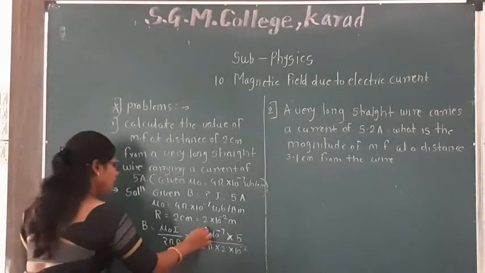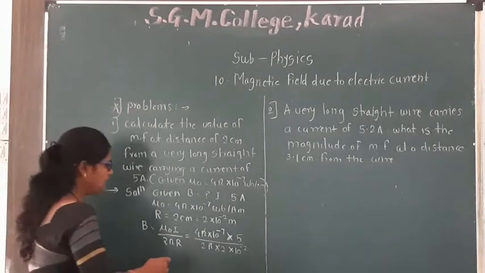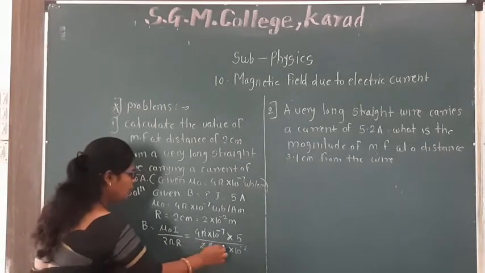Now the pi cancels, this pi also cancels. Here 2 and 2 make 4.